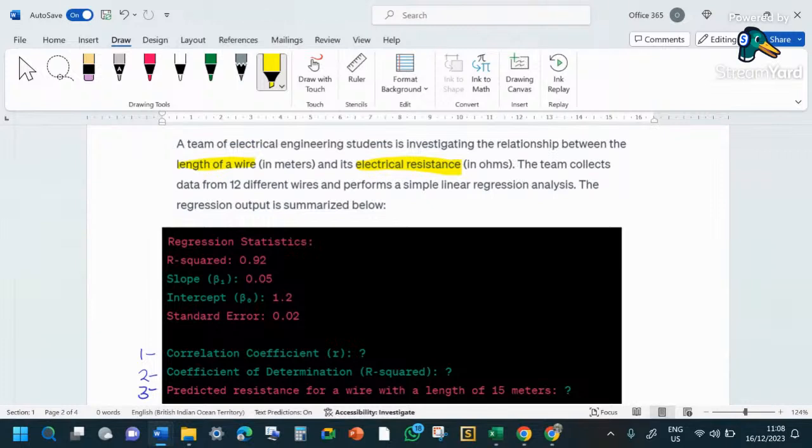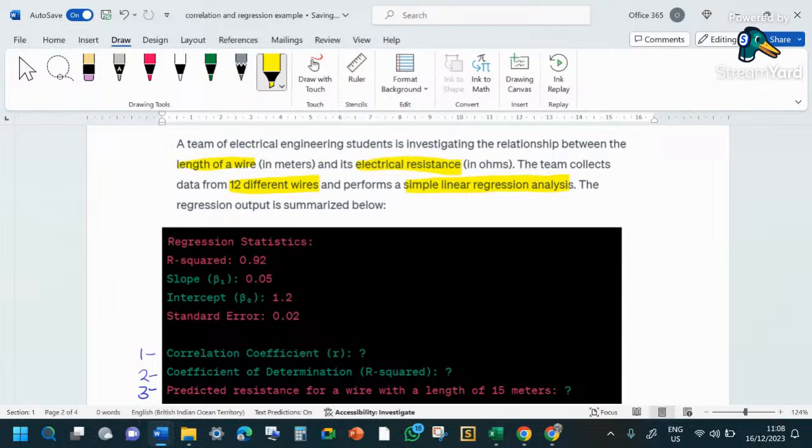The team collects data from 12 different wires and performs a simple linear regression analysis. The regression output is summarized below.